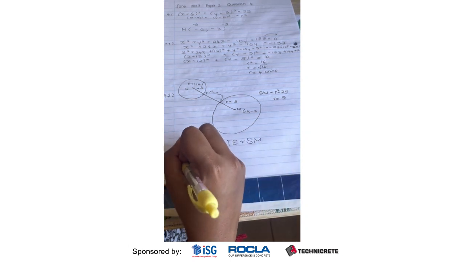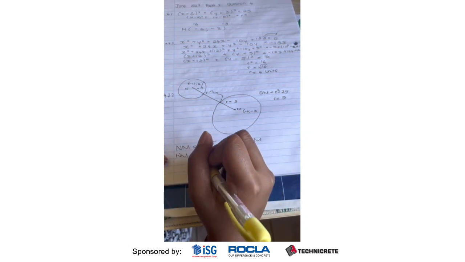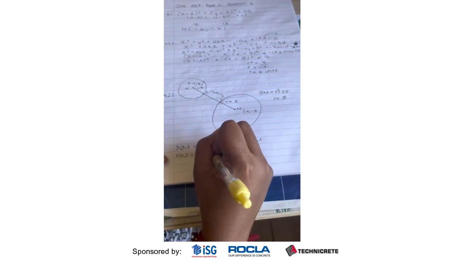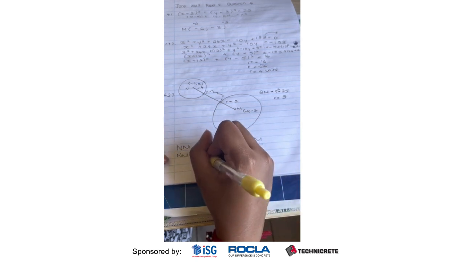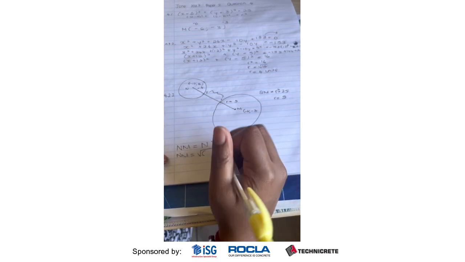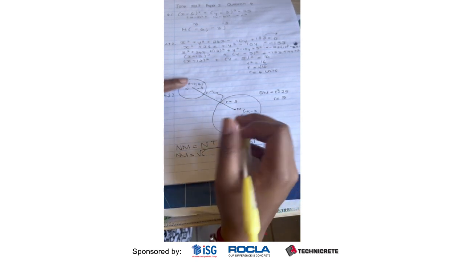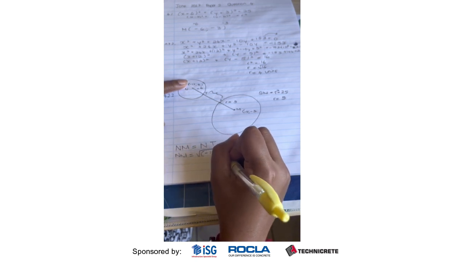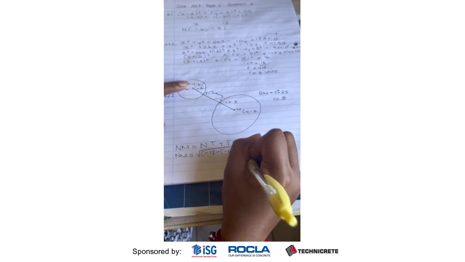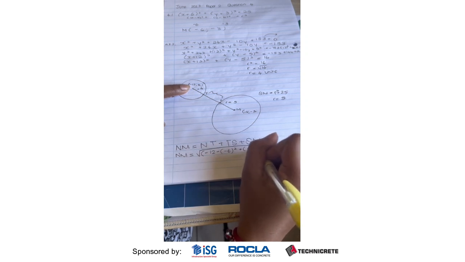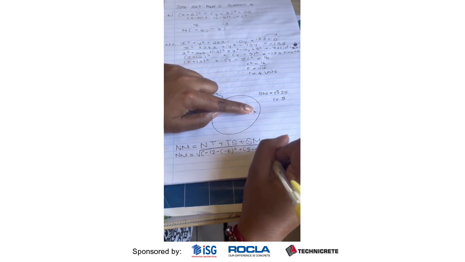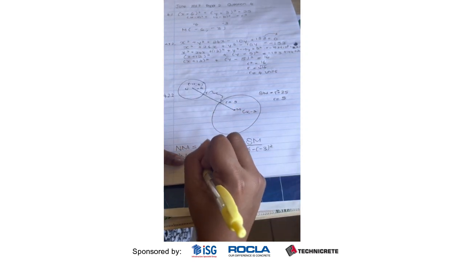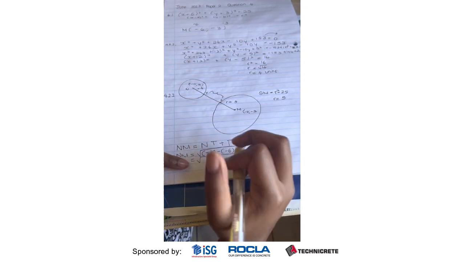So let's find NM. So NM is equal to root of my x value here is negative 12 minus 6 squared plus 5 minus 3 squared. This is using distance formula.